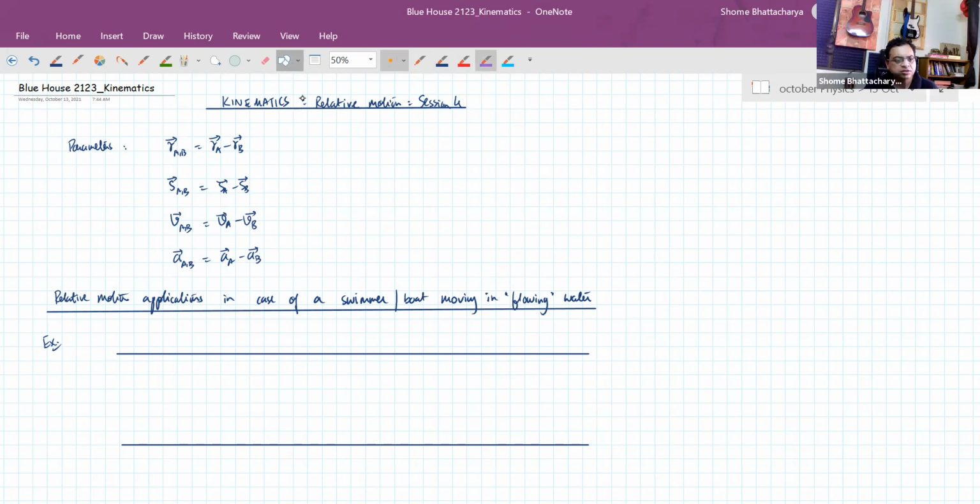So here what is happening is the flow velocity of the river, the water flows at 4 kilometers per hour. And what is happening is that a swimmer is moving like this with respect to the water.